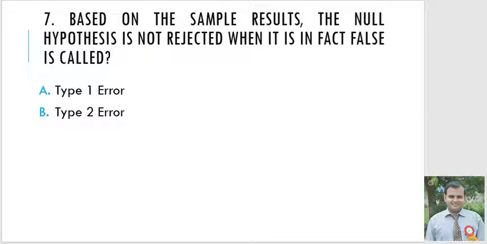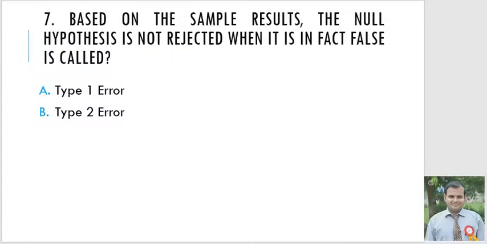Question is, based on the sample results, the null hypothesis is not rejected when it is in fact false. You have to identify the error. It is called A, type 1 error, or B, type 2 error. You have to write the correct answer from the two options given over here.